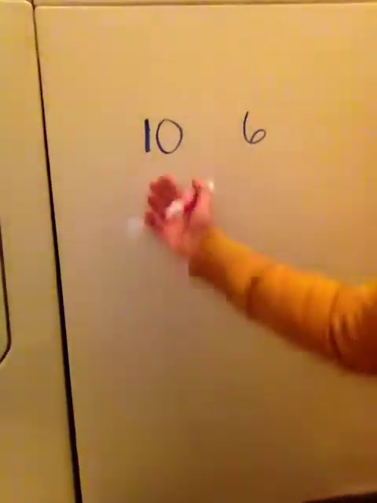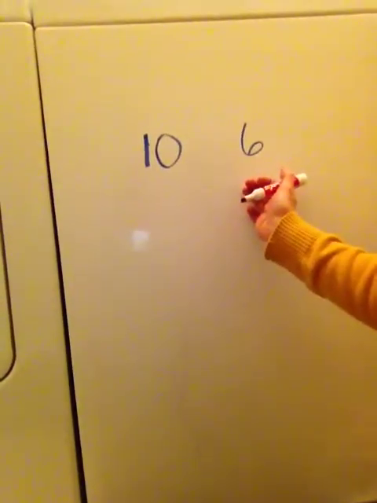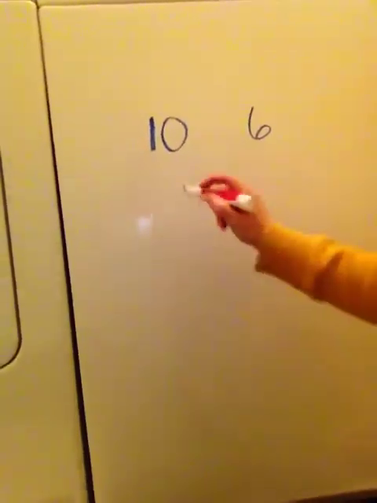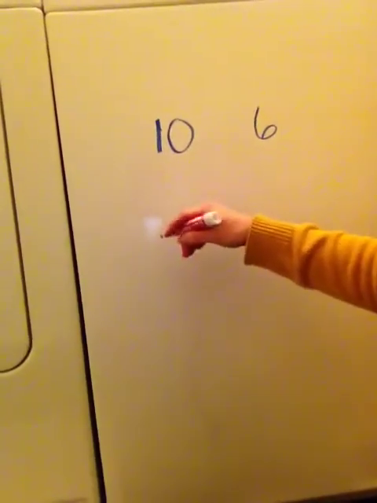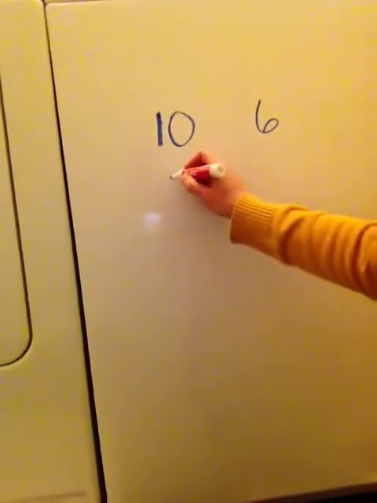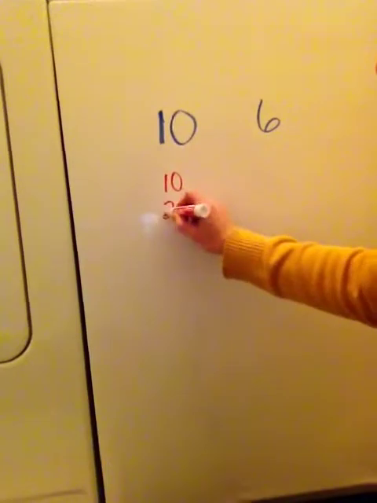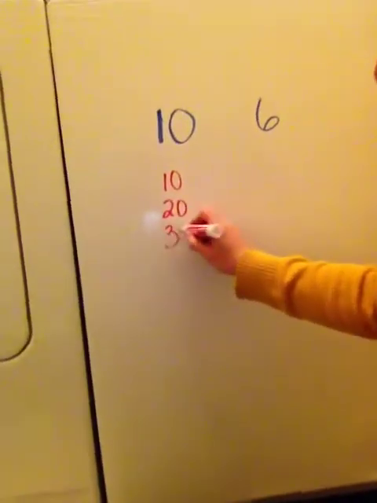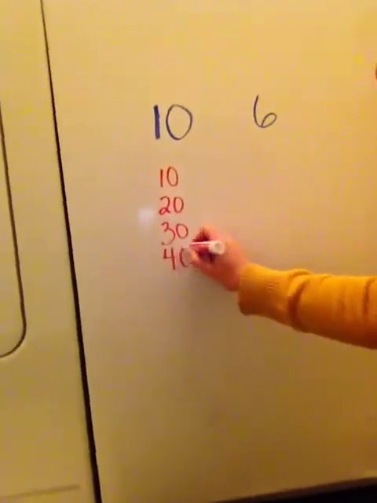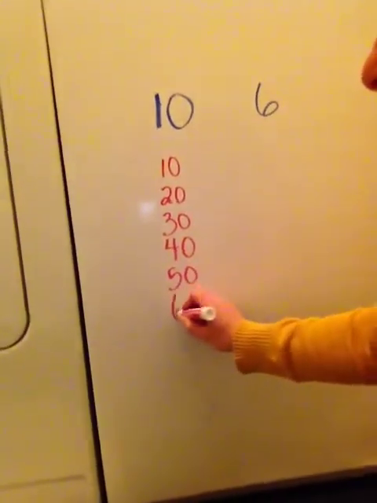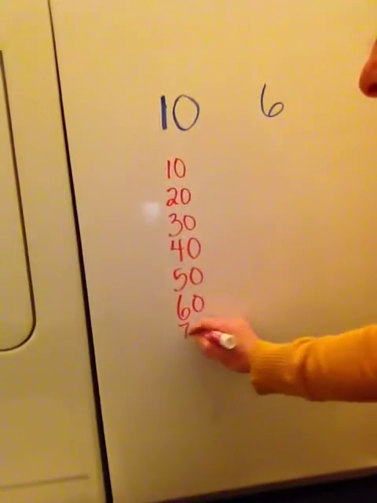So if we have 10 and 6, we want to find the lowest number that both of those would divide into. So you just start listing all the multiples. The multiples for 10 are 1 times 10 is 10, 2 times 10 is 20, 3 times 10 is 30, 4 times 10 is 40, 5 times 10 is 50, sorry, 6 times 10 is 60, 7 times 10 is 70.